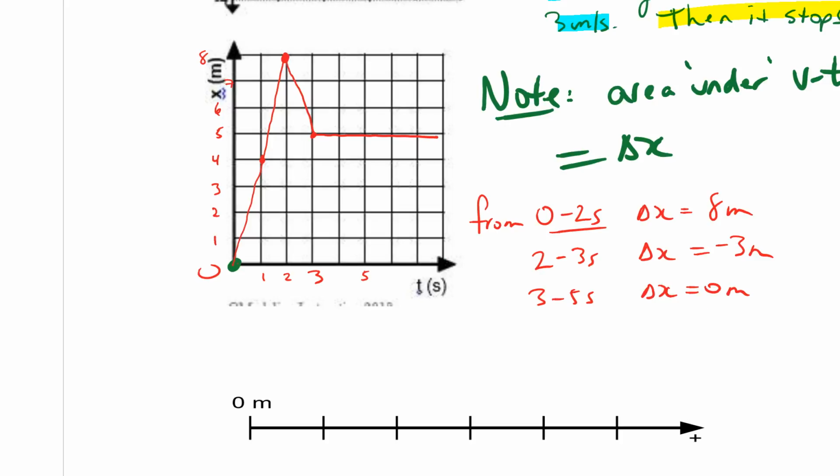All right, now thinking about my motion map, I need to get up to 8 meters, so I'm going to say that if that's 0, this would be 2, 1, 2, 3, 4, 5, 6, or I can go 7. There, I'll go like this. I'll go by ones. So this is 2 meters, 3, 4, this is 5 meters, 6, 7, this will be 8 meters there.